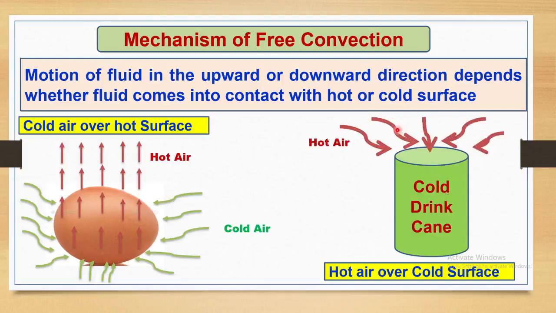So when hot air comes into contact with this cold drink can, the hot air will become cold, so its density will increase. Its temperature will decrease and density will increase, it will become heavier and will move in the downward direction.